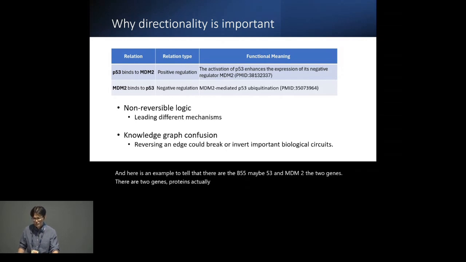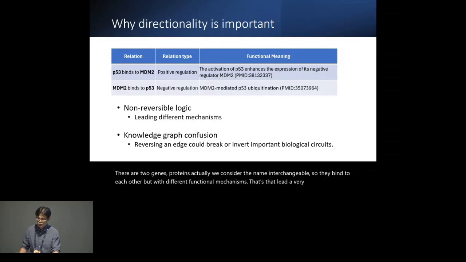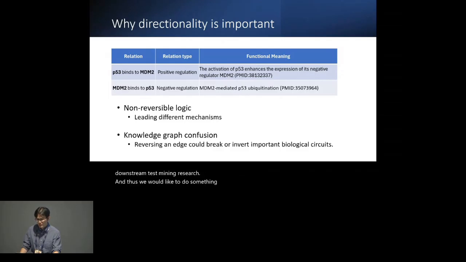Actually, we consider the names interchangeable, so they bind to each other, but with different functional mechanisms. That leads to a very big challenge for downstream text mining research, and thus we would like to recognize the object and subject of the relation to make it clear.